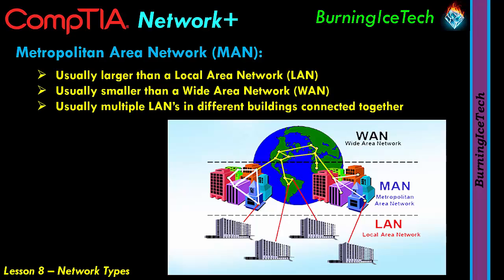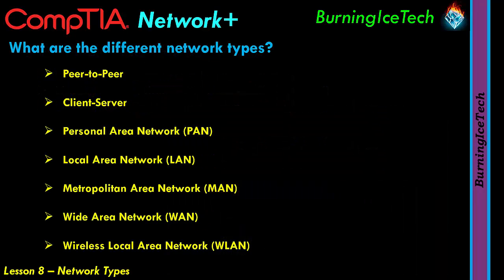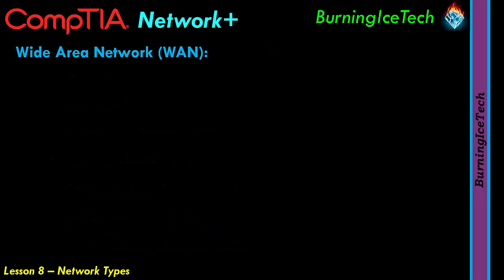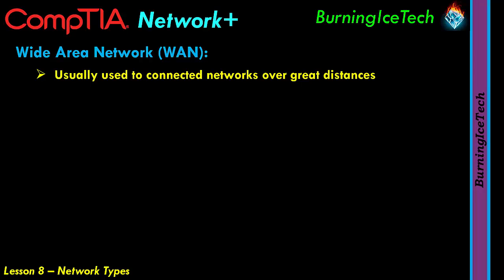Alright, going back to our little shopping list here, if we can call it a shopping list. Moving on to WAN, the second last one on the list, Wide Area Network. I'll bring the picture up in the end. First things first, it's usually used to connect networks over great distances, guys.